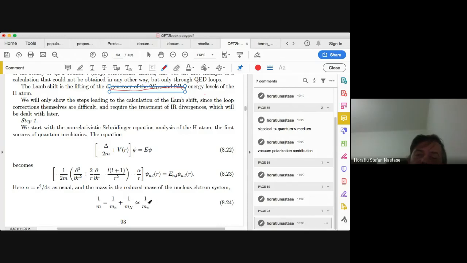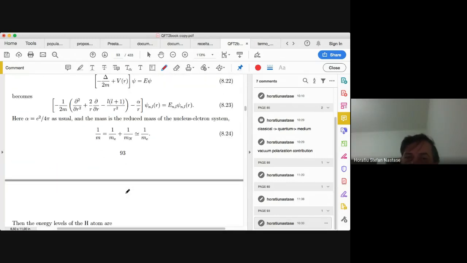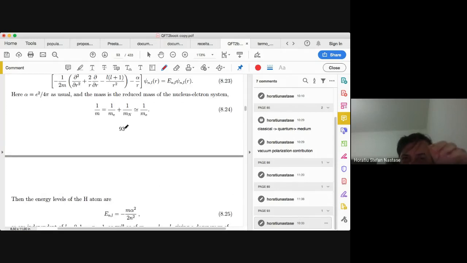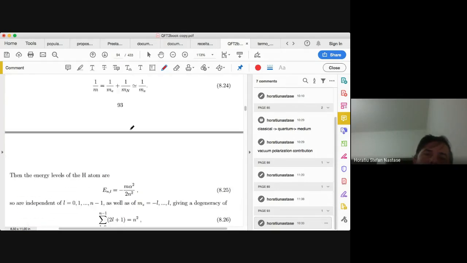So usually one puts here just the electron mass. But we have to remember for later on that there's also 1 over m nucleon.